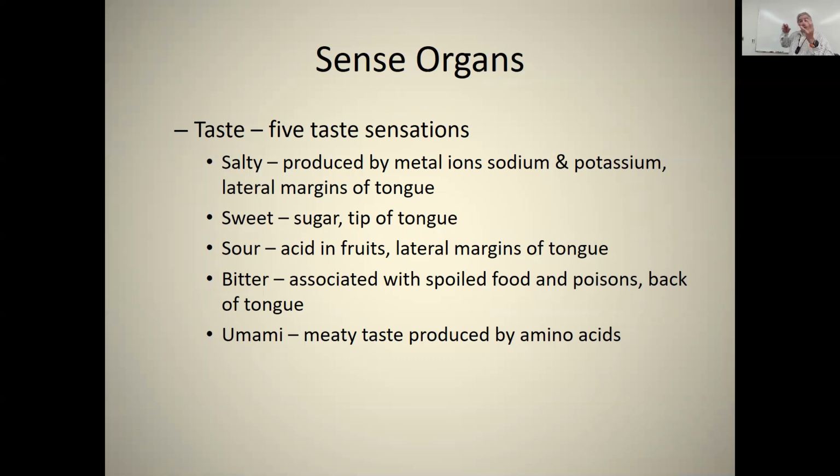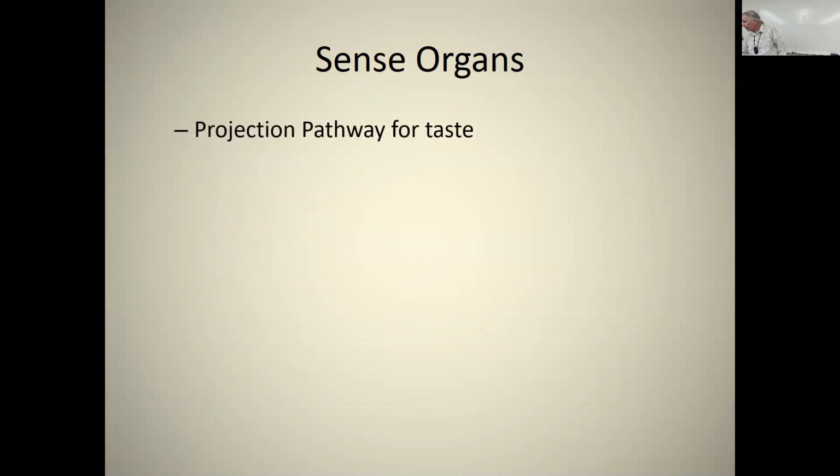Meat has all of the essential amino acids, so if you get a meaty taste, you're getting the essential amino acids. That's a good thing. So evolutionarily, these are all really important, meaningful sensations for good health.